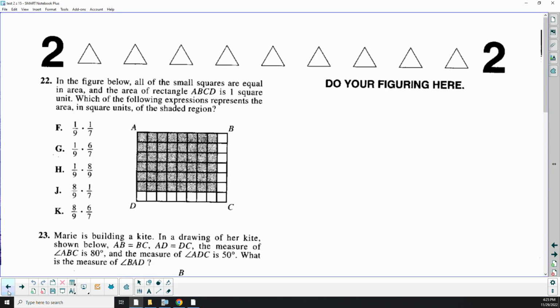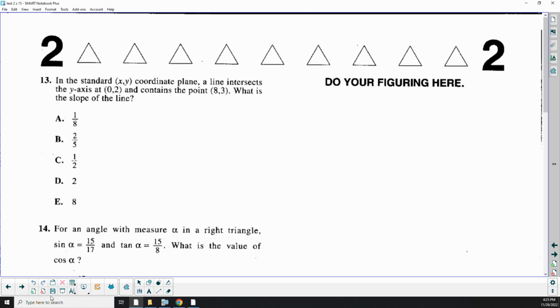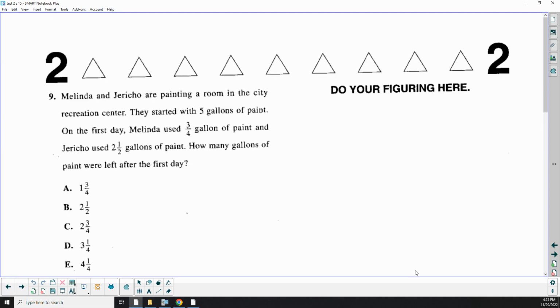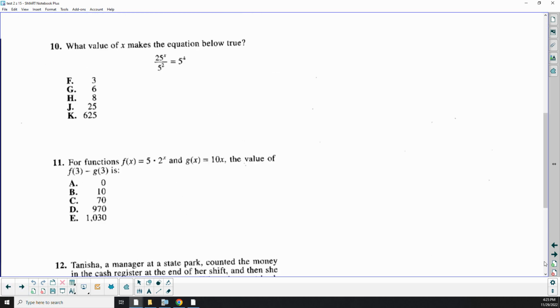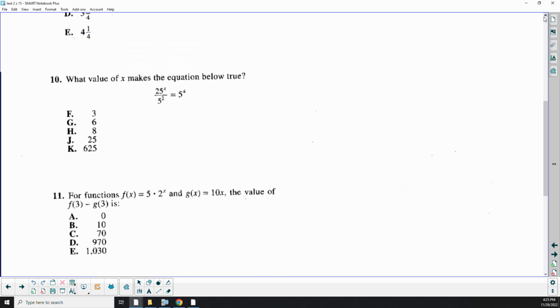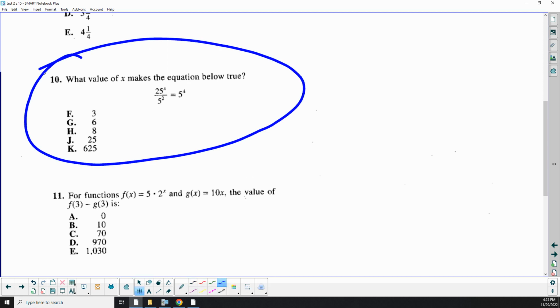Everybody, please look at number 10. You're solving equations, right? What's that? You don't have 10?